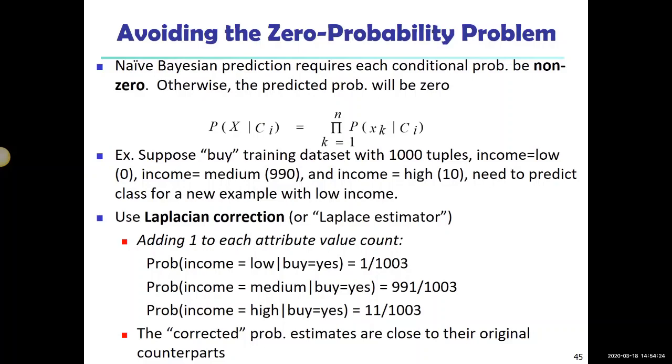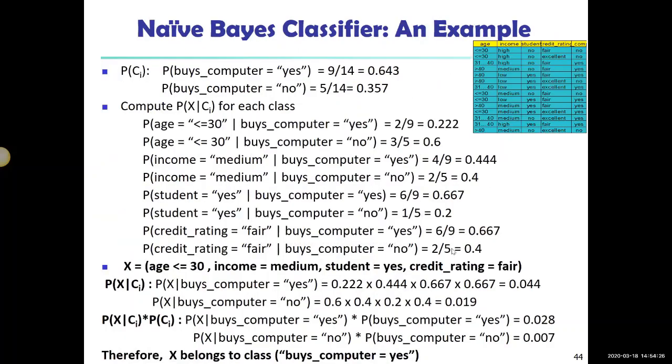So there is a little problem. Yes. In this example you have age less than or equal 30, income medium, student yes, credit rating fair. We're basing it on that probability and multiplying it, assuming they're independent events. Is this similar to what one does for the chi-square contingency tables, or am I overthinking that?